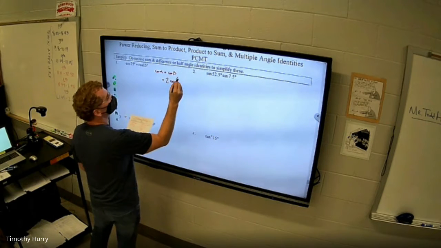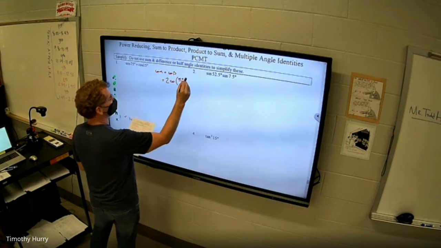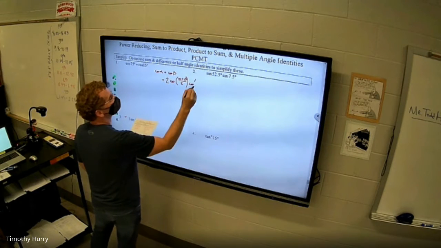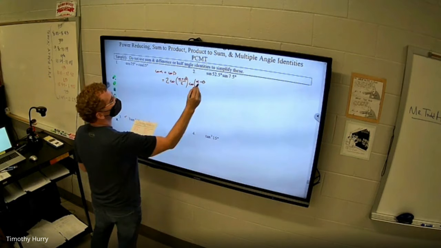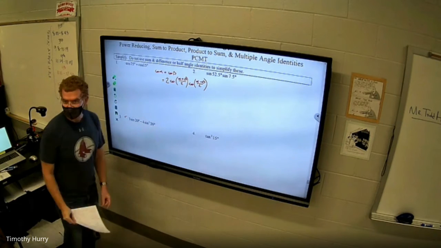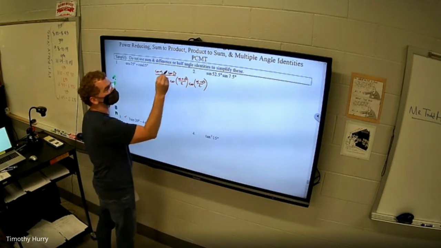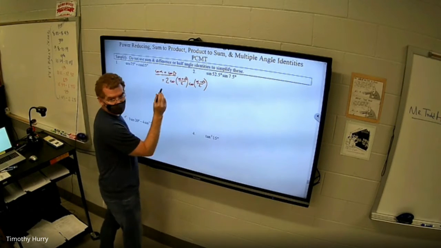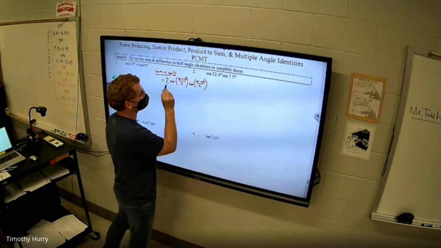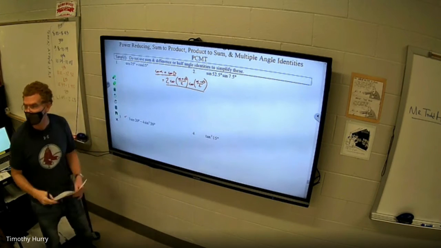Cosine of the, add them over 2 times the cosine of the, subtract them over 2. That's the identity that says cosine of an angle plus cosine of an angle, sum, can be changed to a cosine times a cosine, product, through this formula.